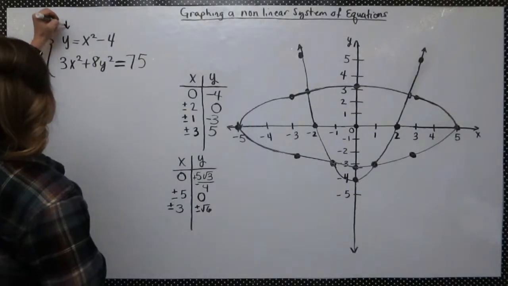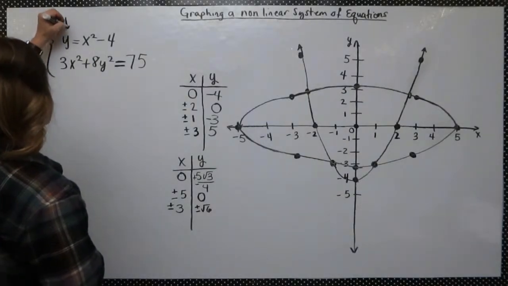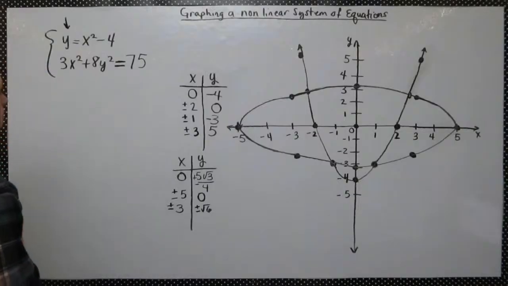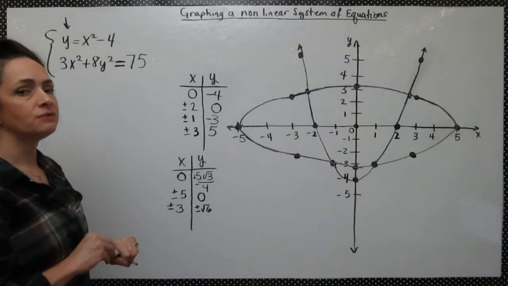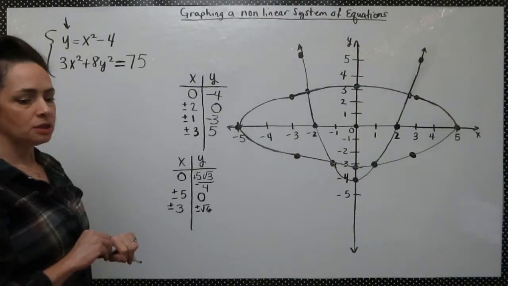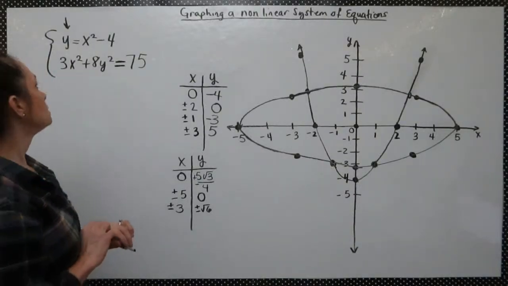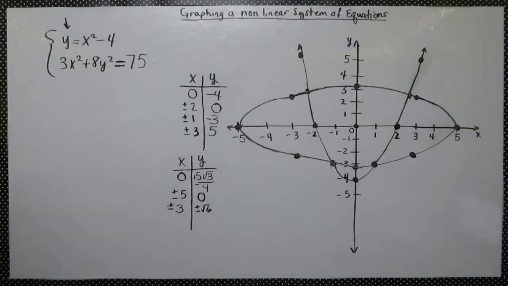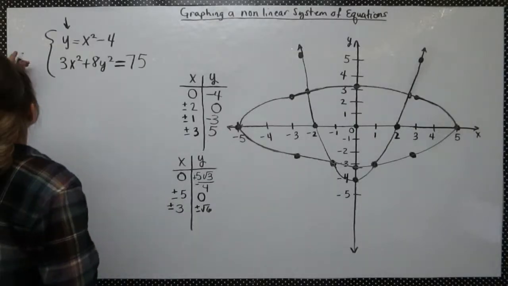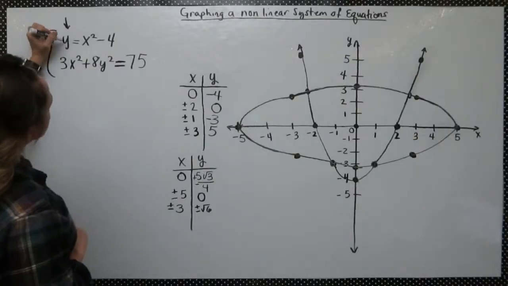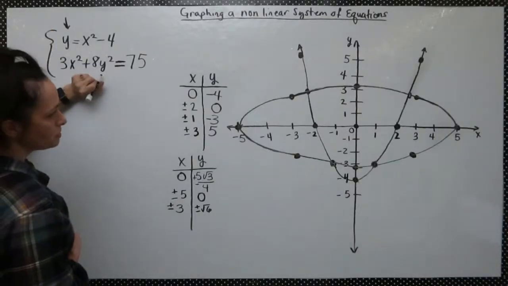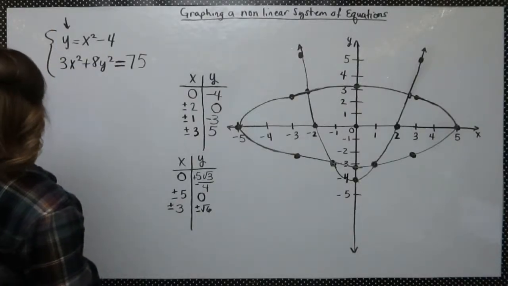There is more than one way to solve problems. It's an individual thing. You just figure out what makes sense to you and go with it. What makes sense for me is to take y and plug in what y is equal to into the other equation. So that's what we're going to do.